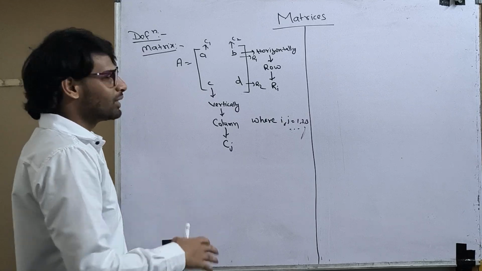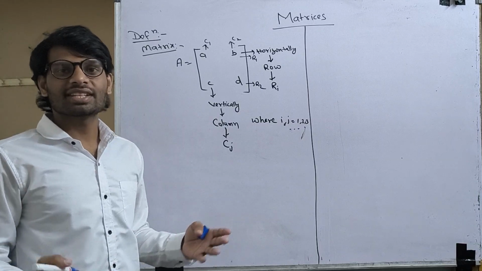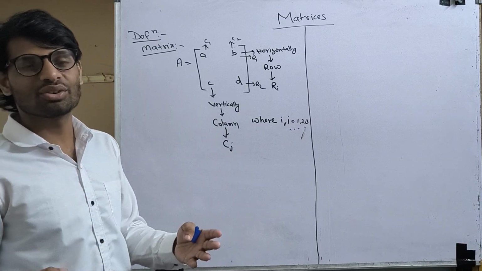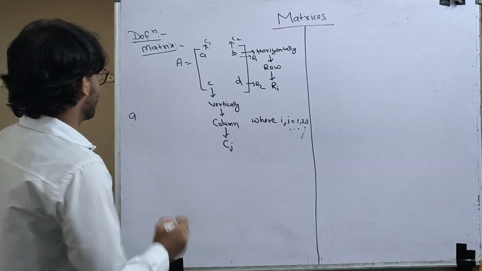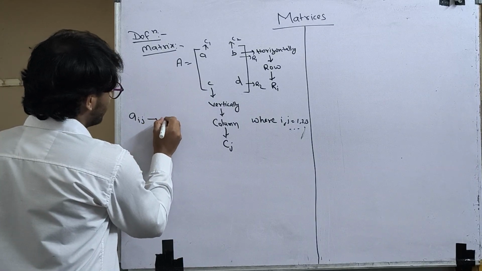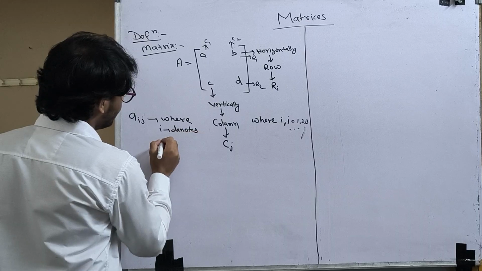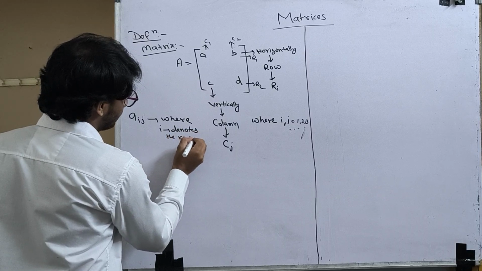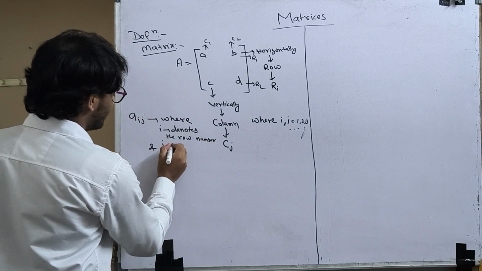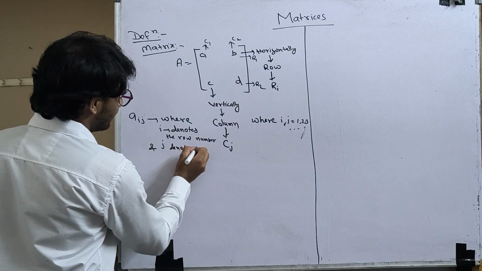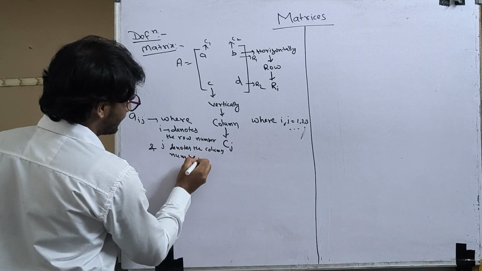Any element of any matrix can be written in the form of Aij, where i denotes the row number and j denotes the column number.